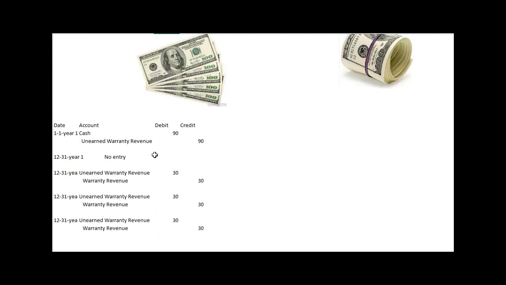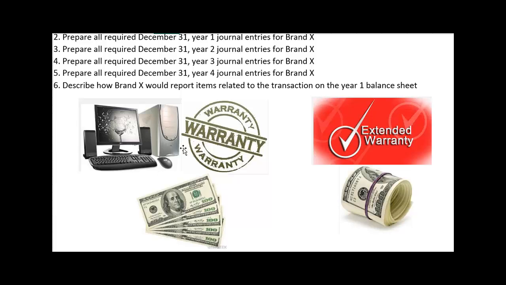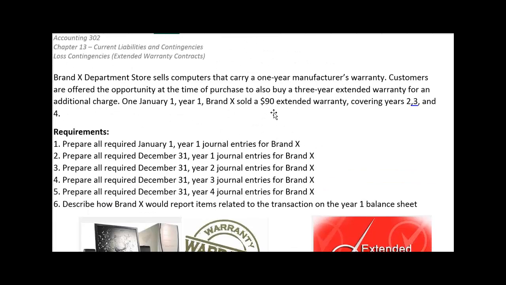It would sit on our balance sheet, and this is what's important as well, is you're able to distinguish the difference between a current and a long-term liability. This is not all a current liability at this point in time, because, well, I take that back. At the end of year one, the manufacturer has covered their portion. So at the end of year one, we have a $90 obligation to cover the computer for the following 3 years. So 1/3 of that contract is within the next 1 year.